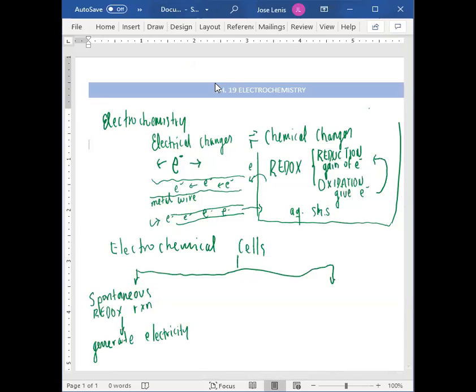A redox reaction spontaneously generates electricity. That means it allows the flow of electrons through a metal wire.